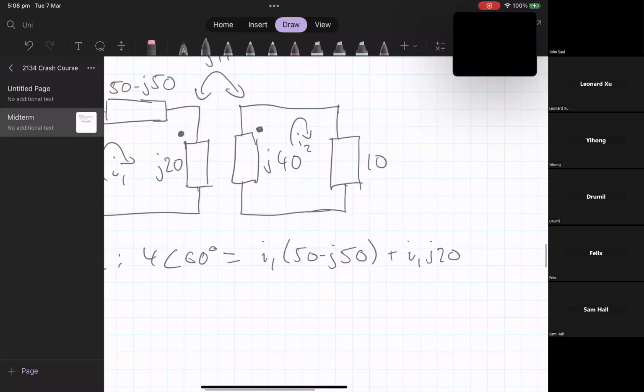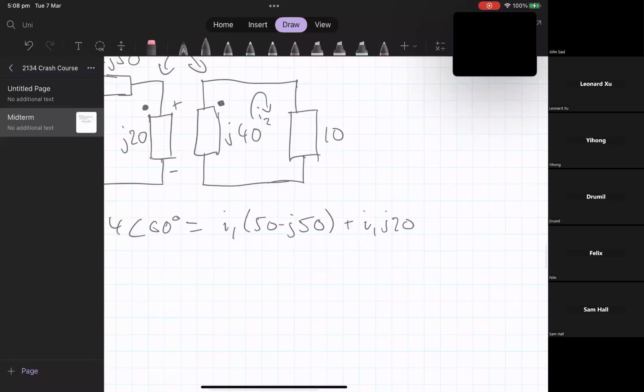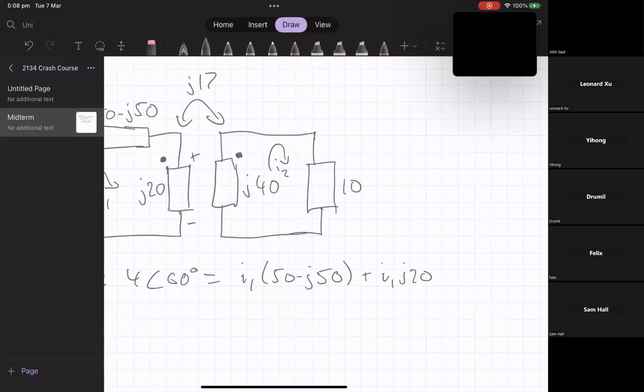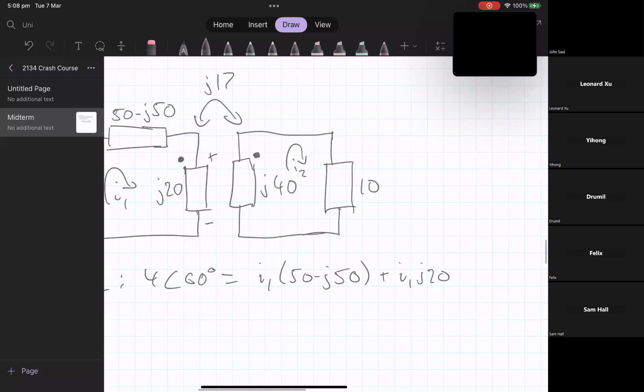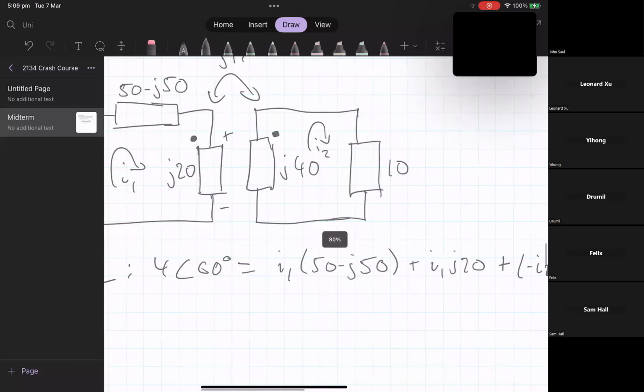In this case, I2 is flowing out of our dot, but I always like to think of the current flowing into our dot, so I will treat negative I2 as flowing into the dot. So we will see a voltage across these terminals of negative I2 times our mutual inductance, j17. So we will add negative I2 times j17. Is everybody clear with why I'm doing this with the dot convention?